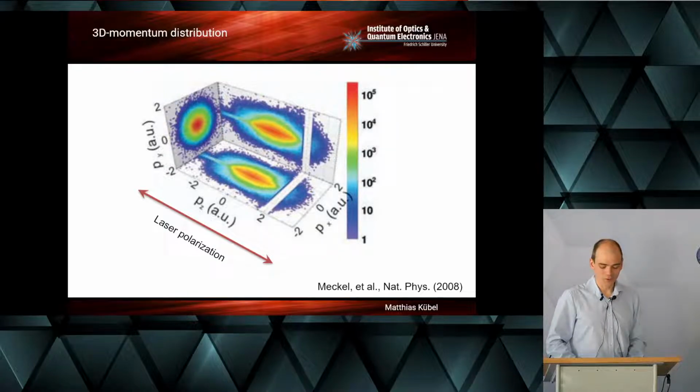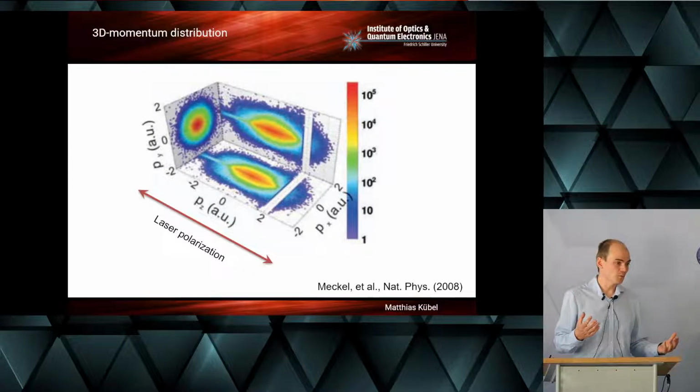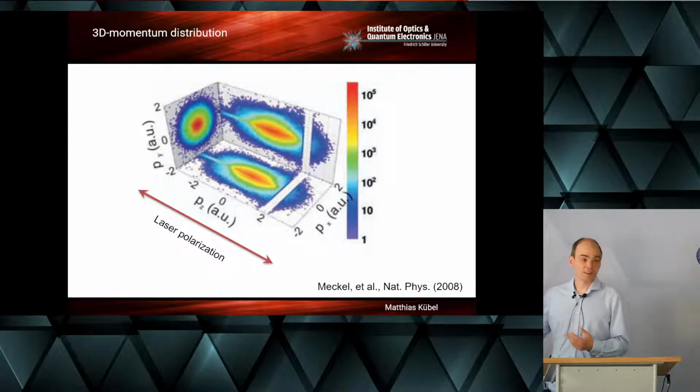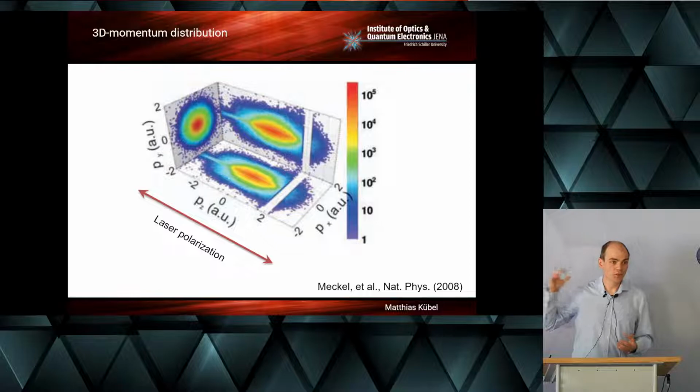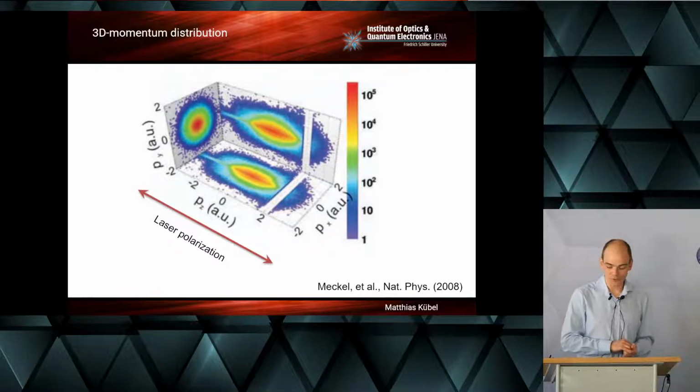So now we're moving from 1D to 3D. And then it makes, of course, sense not only to look at the energy, but rather at the velocity distribution or momentum distribution, which is really the same number in atomic units when you look at electrons, because the mass of the electron is 1 atomic unit.